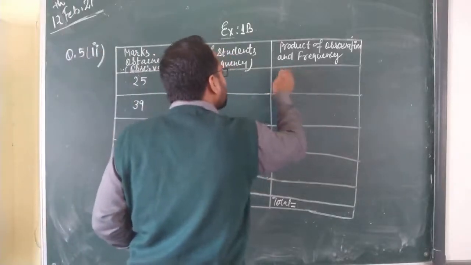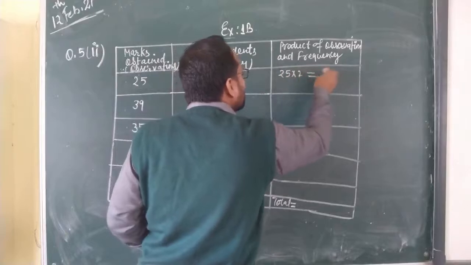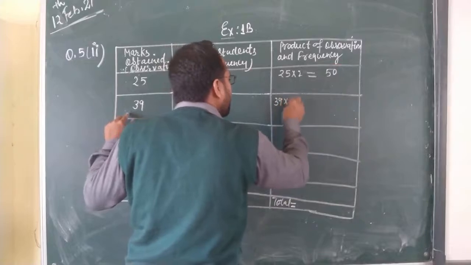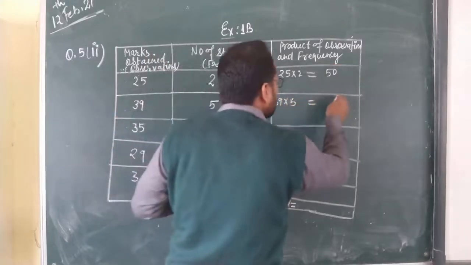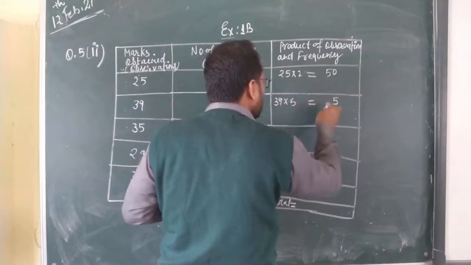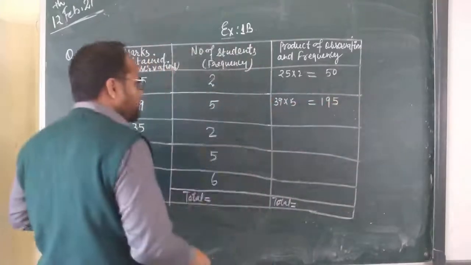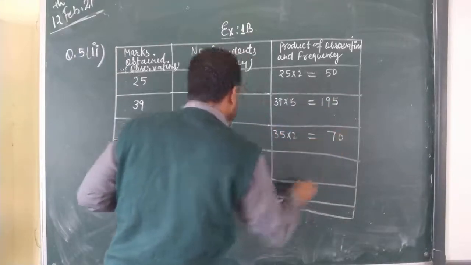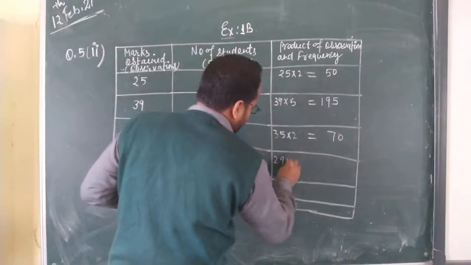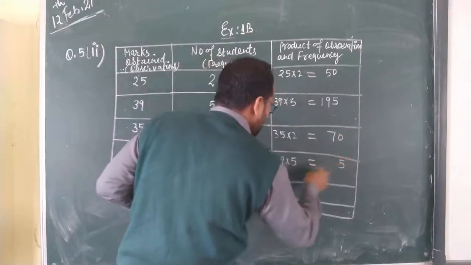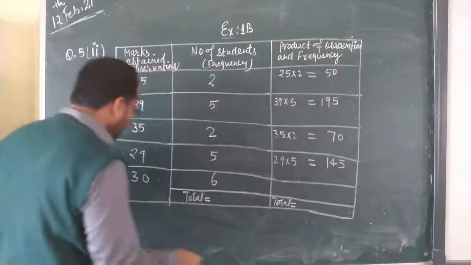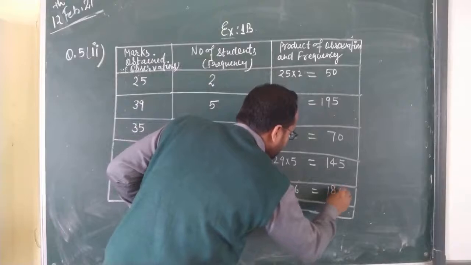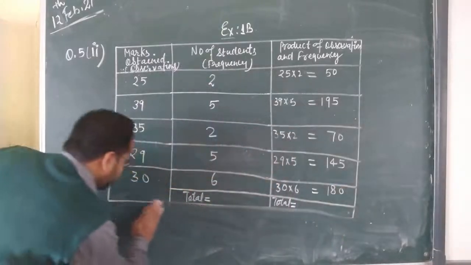If you want, you can write f1 into x1 is equal to 50. Same way, 39 multiplied by 5, what do you get, students? 195. 35 multiplied by 2 gives 70. 29 multiplied by 5 gives 145, and 30 multiplied by 6 gives 180. If you add these, see the total.